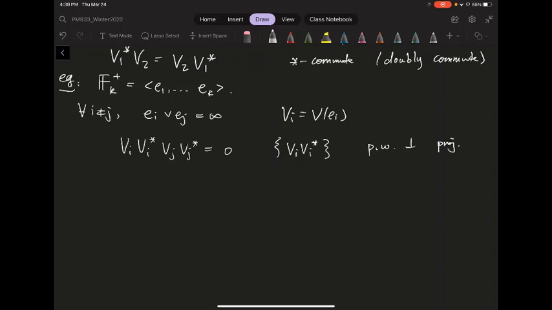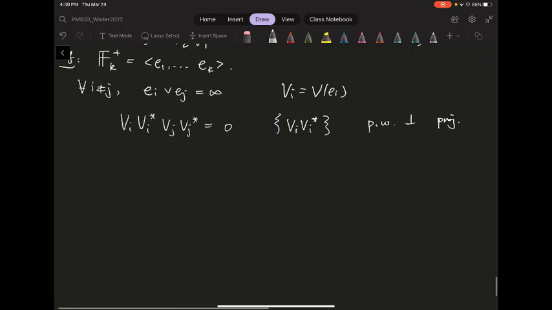When you have pairwise orthogonal projections, there's an equivalent definition. When you take the sum of a bunch of orthogonal projections, they cannot exceed the identity, so the sum of V_i V_i star, i from 1 to k, is less than or equal to the identity. And in fact, they are equivalent.